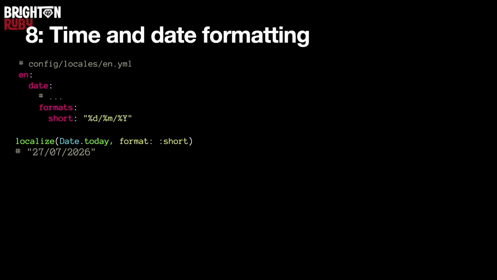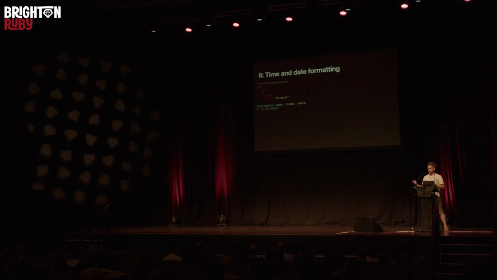I mentioned right up front that there's the localize method, and this is used to output localized times and dates. And this is how you would use it in your locale file. You define the formats. Here we've defined a format of short, and it uses the same date formatting structure as the strftime method built into Ruby. In the UK, we have a relatively straightforward and sensible way of formatting our dates, which is day, month, year.